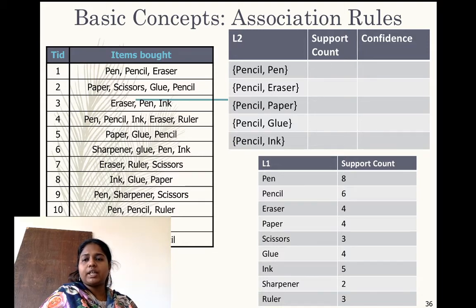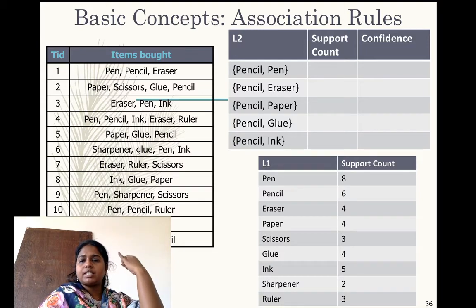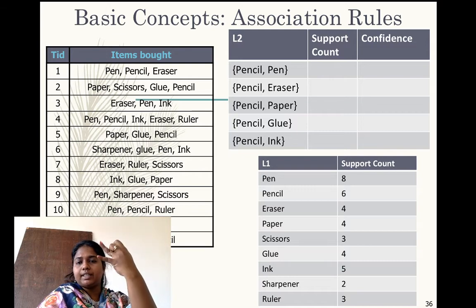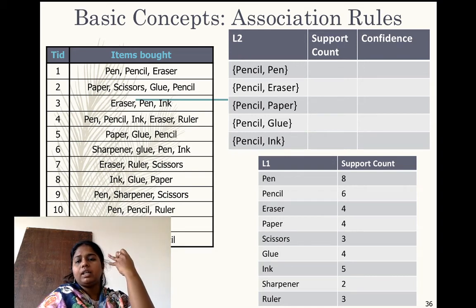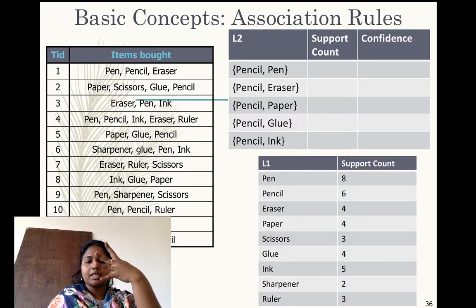If you count the transaction IDs, transaction ID 1, transaction ID 3 — transaction ID 3 doesn't have pen and pencil together. So I have transaction ID 1 that has got pen and pencil together. Transaction ID 4 has got pen and pencil together. Transaction ID 10 has got pen and pencil together, and transaction ID 12 has got pen and pencil together.